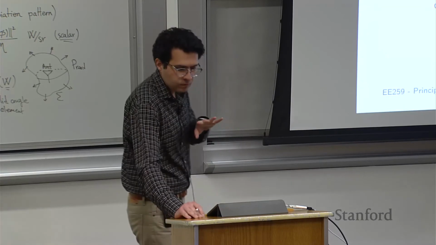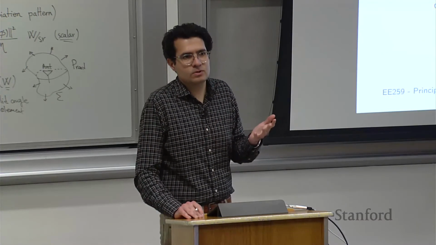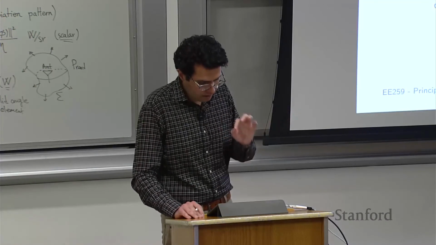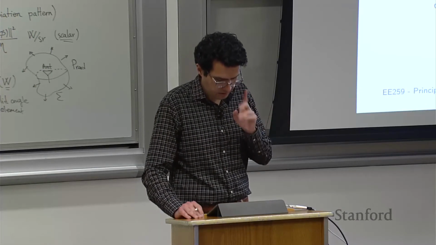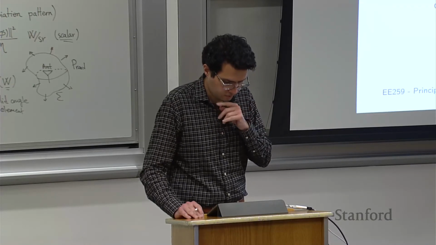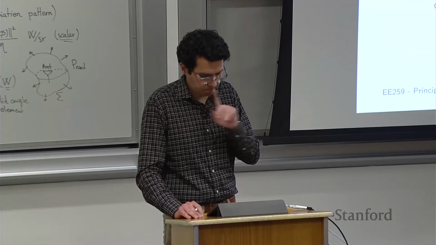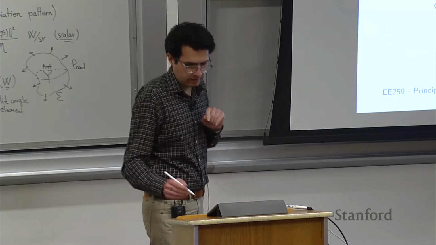You could change the names and nothing would change, everything would work out. But why do they call the horizontal H and the vertical E? Does it have something to do with the polarization of the fields coming out of the antenna? Maybe. I have to think about that. I'll get back to you on that.